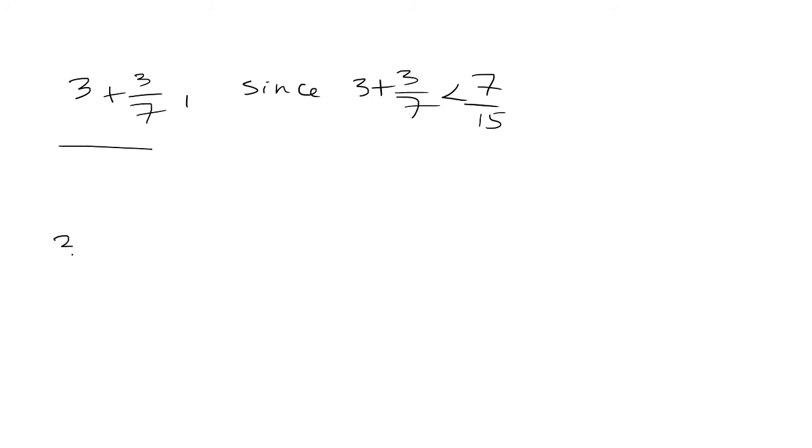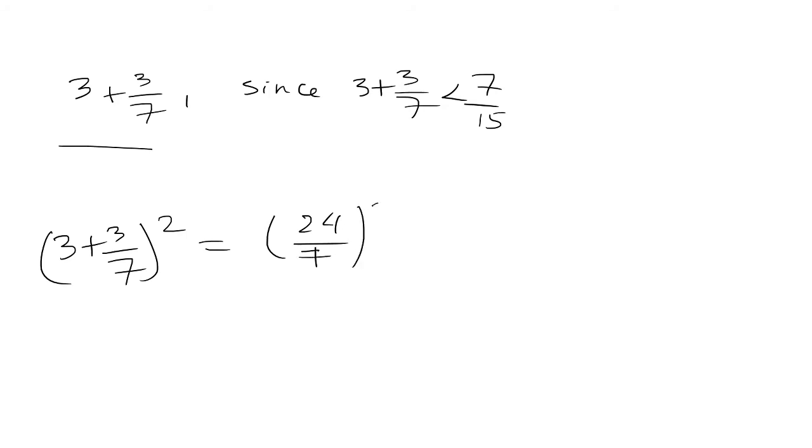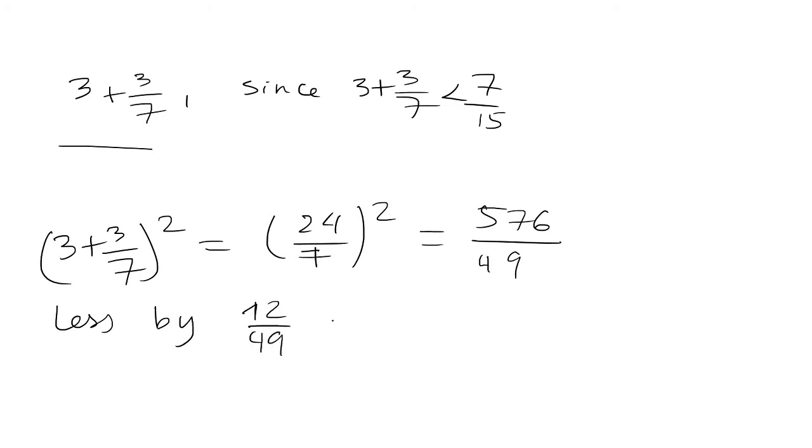If we take the square of that number, we have to take the square of this fraction by rewriting. That is equal to 576 divided by 49. And consequently, this is less than 12 by 12 divided by 49.